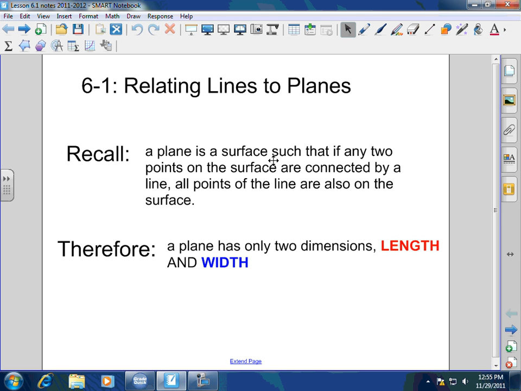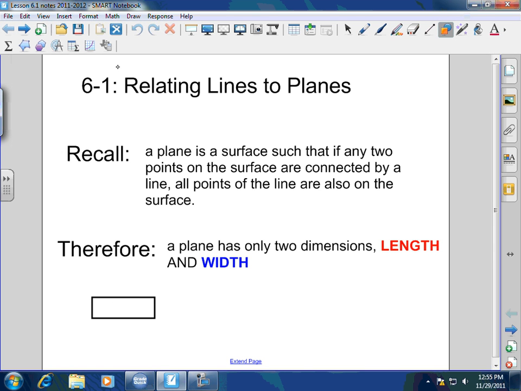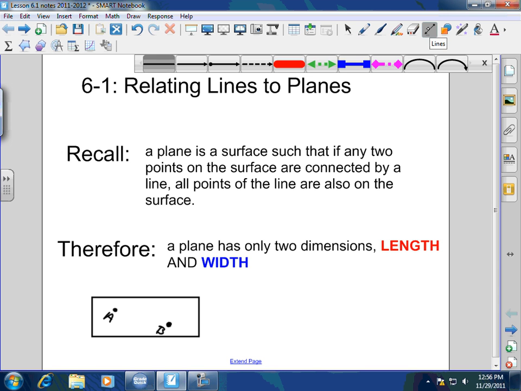If you look over here, just right quick, just to show you guys, because this is not that difficult. If I have point A and point B, we know that any 2 points can be connected to create a line, correct?